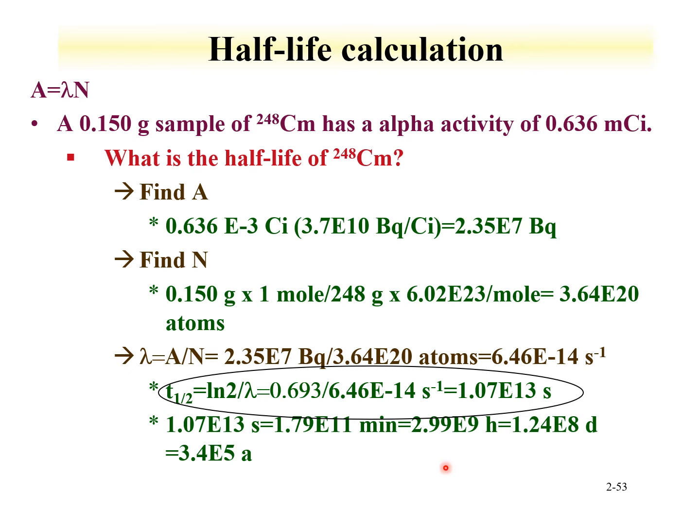I get my time unit in seconds because it's inverse seconds. That is the one thing you need to be aware of: you've got to keep your time units consistent whenever you do these calculations. Now, a time unit in seconds is not really helpful: 1 times 10 to the 13th seconds. So we convert that to minutes, hours, days, years. So the half-life of curium-248 is 3.4 times 10 to the 5th years.